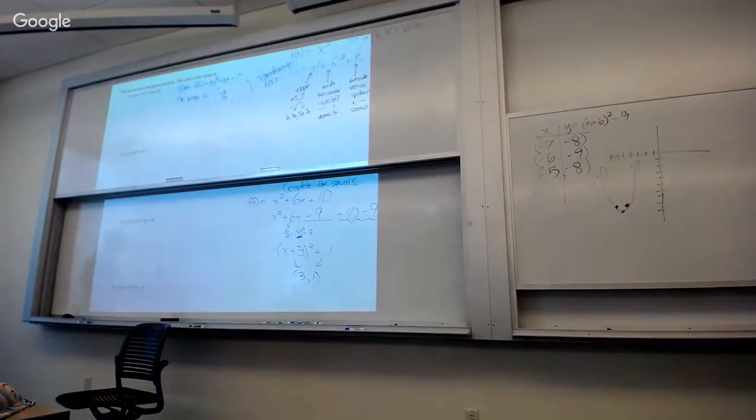That is just straight up the formula for the vertex. That is the x-coordinate. I didn't tell you the y-coordinate just yet. I'll tell you the y-coordinate in a second.